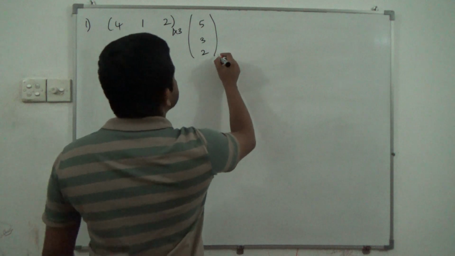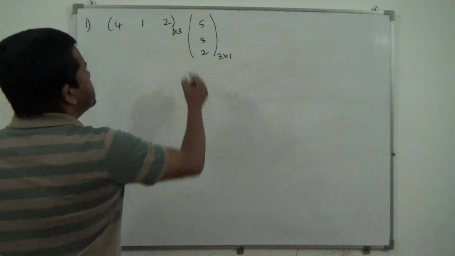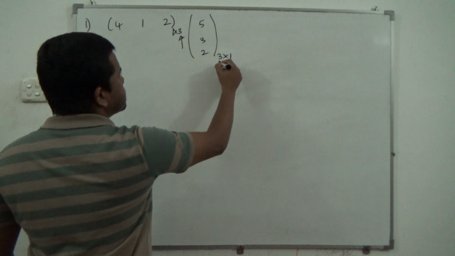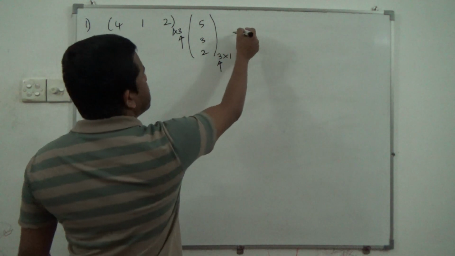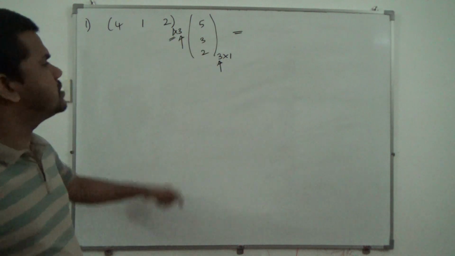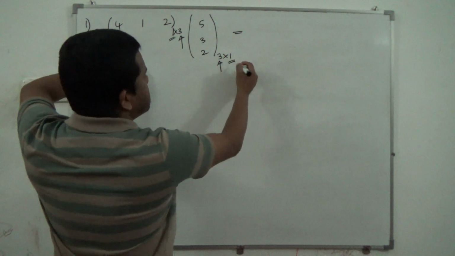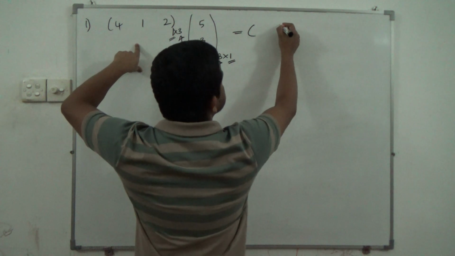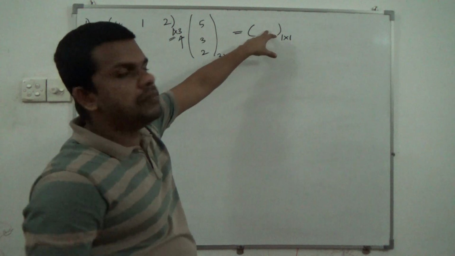Here we have three rows and one column. These two numbers are equal. Therefore, multiplication is defined. The number of rows in the resultant matrix is 1 and the number of columns is 1. Therefore, we have a 1 cross 1 matrix. Only one element is there.